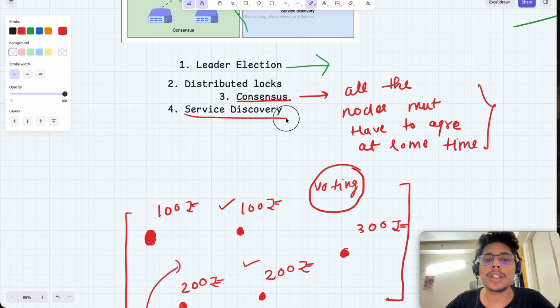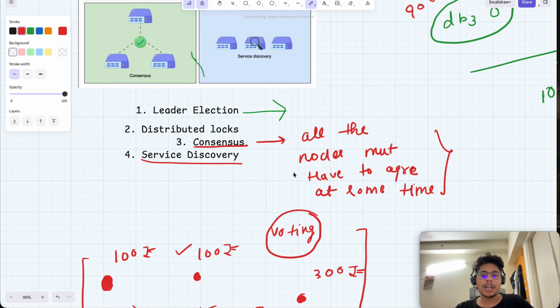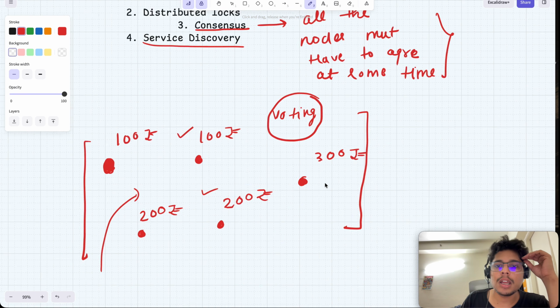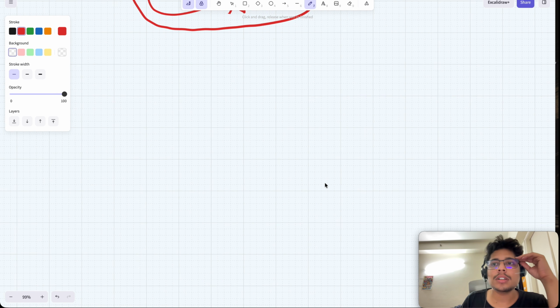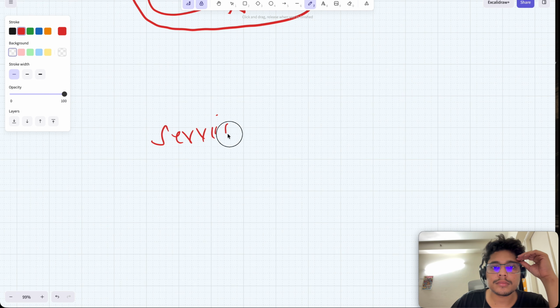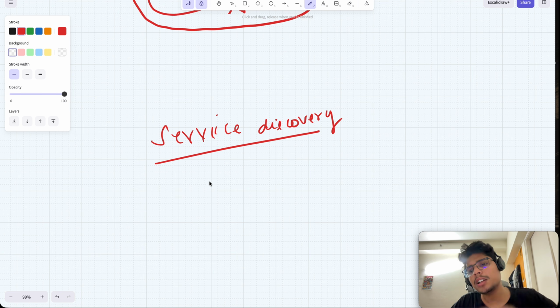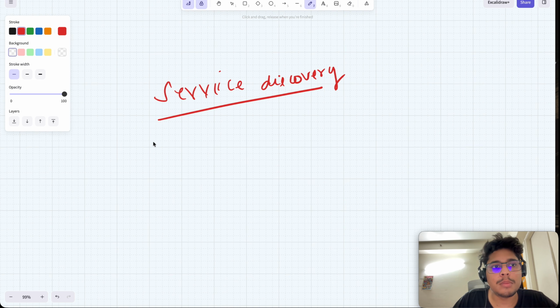Then there is service discovery. Service discovery is the same as the concept of DNS and all that, but I will explain it in a better way. Suppose we have different servers, server 1, server 2, server 3, server 4.